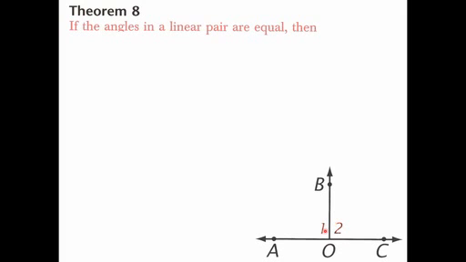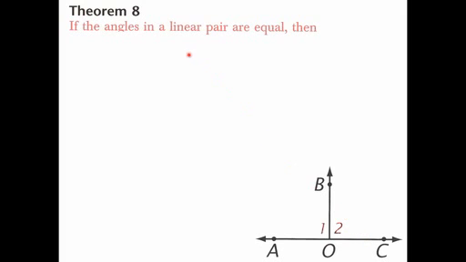They're both 90 degrees, which means they're both what kind of angles if they're 90 degrees? Right angles. Well, and if these 2 lines meet to form right angles, what can you say about those 2 lines? They must be perpendicular.